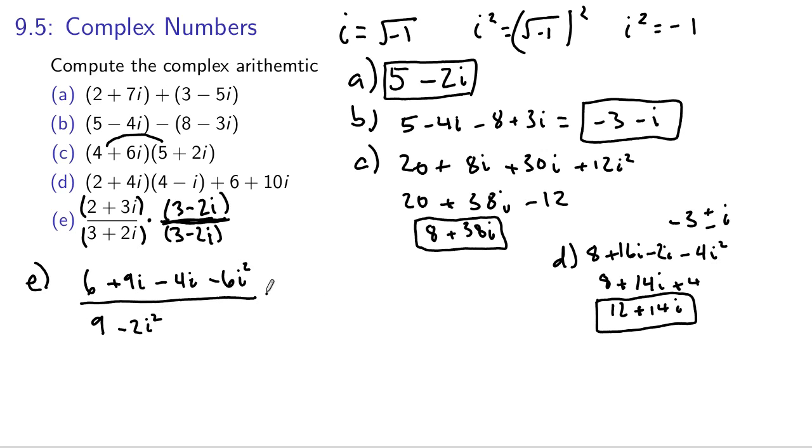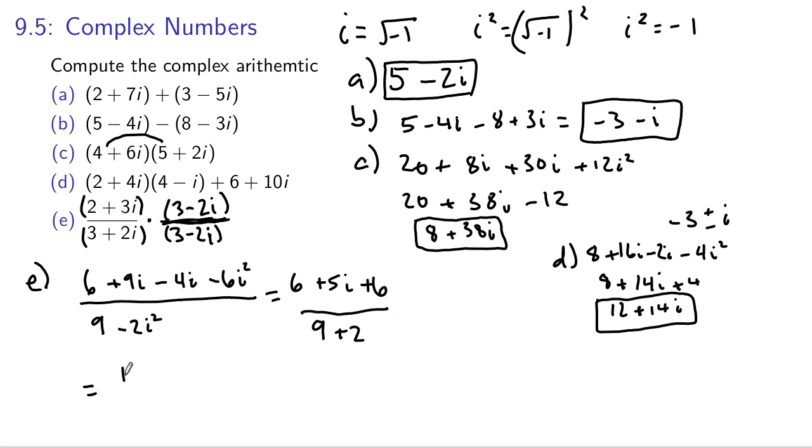Okay, so now in the numerator we have 6. 9 minus 4 is 5. And then we have minus 6 times i squared. i squared is negative 1. Negative 1 times negative 6 is positive 6. Now in the denominator, we have an i squared, so that's negative 1. So we get plus 2. Okay.